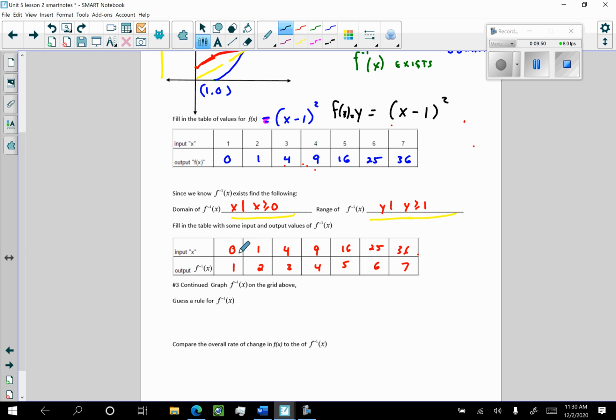I do know how to do that, but I'm going to let you guess a rule. And I'm going to ask you tomorrow to see if anybody could actually develop the rule for f inverse, given that f of x is this, where x is greater than or equal to 1. A rule that would, for these inputs, have these outputs.